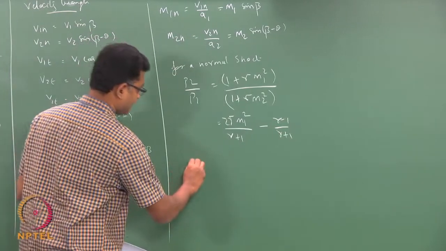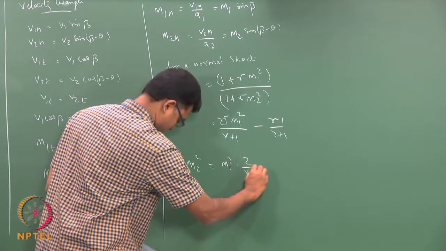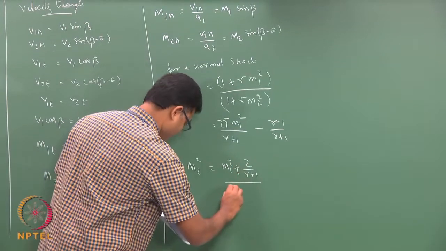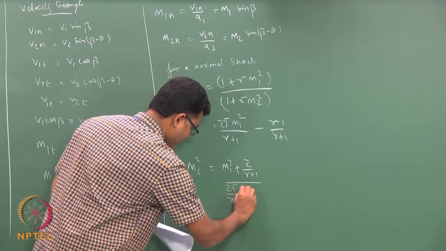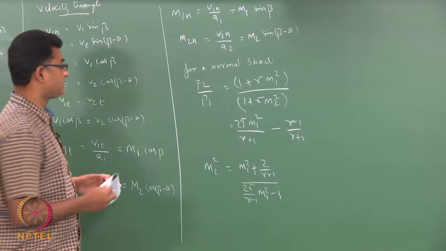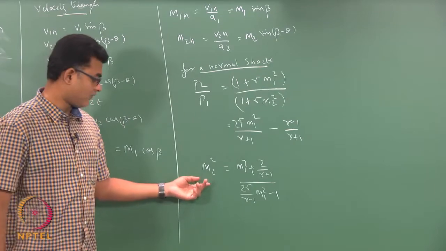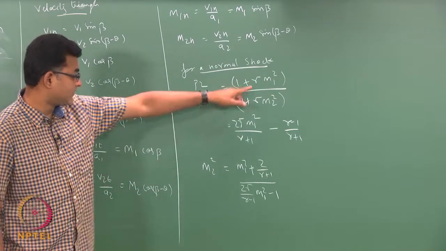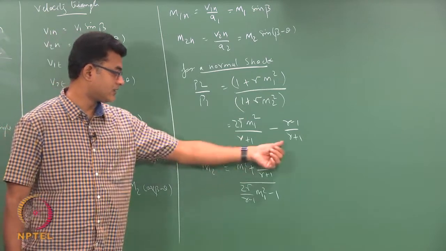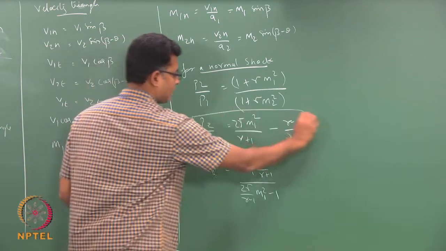If I substitute M2 squared equals (M1 squared plus 2 by (gamma minus 1)) divided by (2 gamma by (gamma minus 1) M1 squared minus 1), where M2 and M1 are the Mach numbers after and before the shock, I would end up with a relation that is like this. So, your pressure ratio across a normal shock is this.